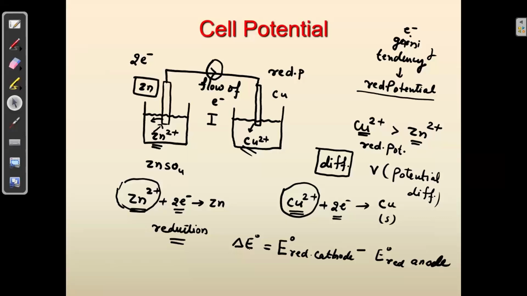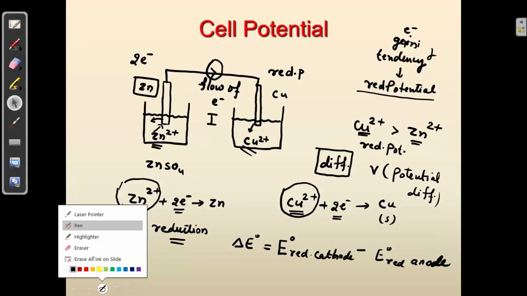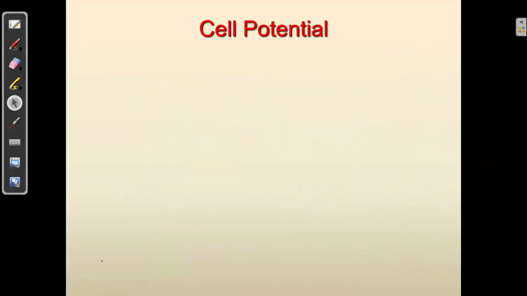Now, if we are talking about reduction potential, why are we not talking in terms of oxidation potential? If some element or metal salt has a tendency of gaining electrons, why are we not talking in terms of loss of electrons? Because for the zinc electrode, you can see this as a loss of electrons. You can solve a similar case with respect to oxidation potential also.